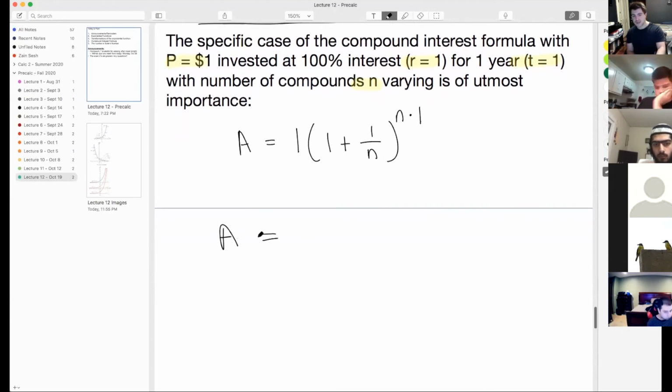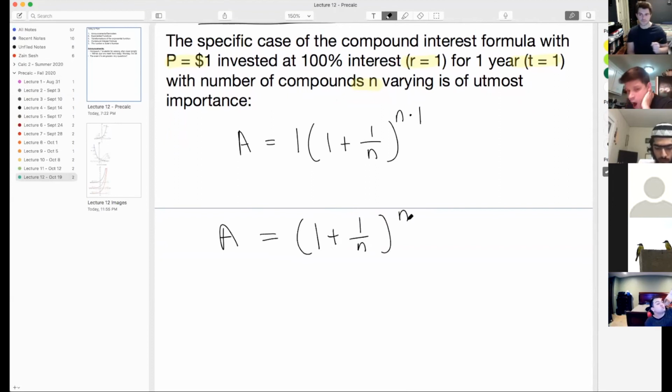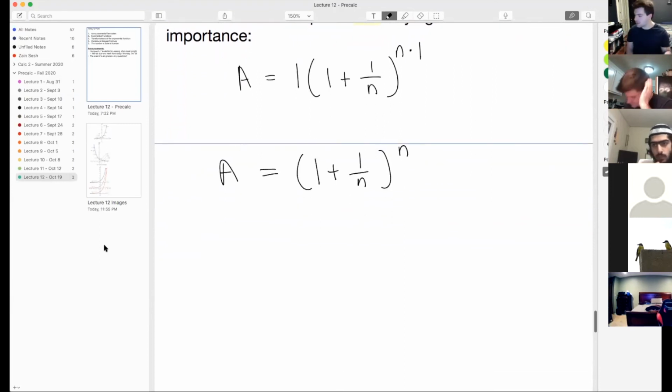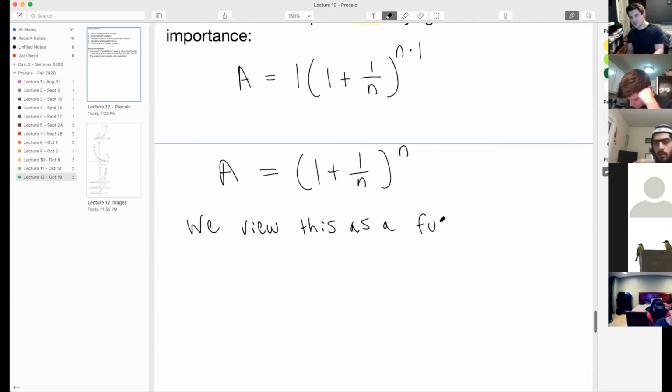So in other words, A is just 1 plus 1 over N to the nth power. Same thing. Good. So we're getting there. Now we view this as a function of n.